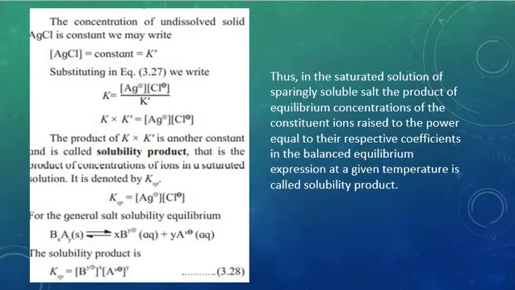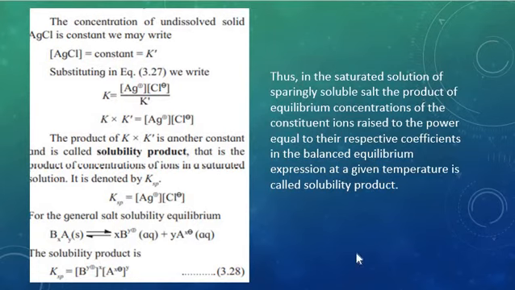Now for a general equation, let's suppose BxAy is producing x number of B ions and y number of A ions. So solubility product would be Ksp is equal to [B] raised to power x. Whatever stoichiometric coefficient is written with the ion will go as power for the ion, and [A] raised to power y.